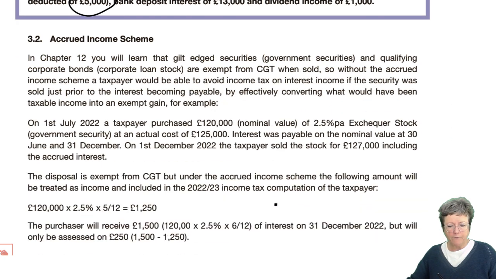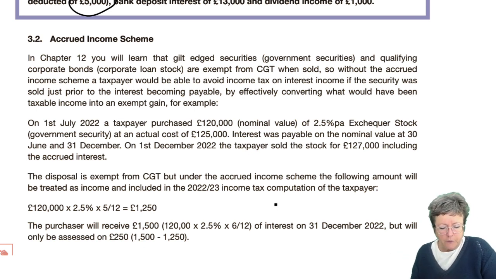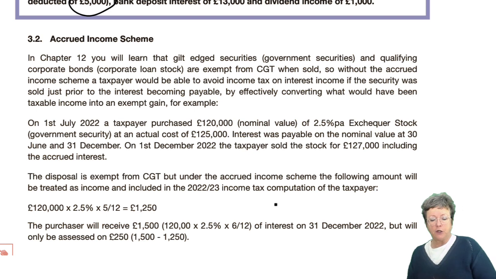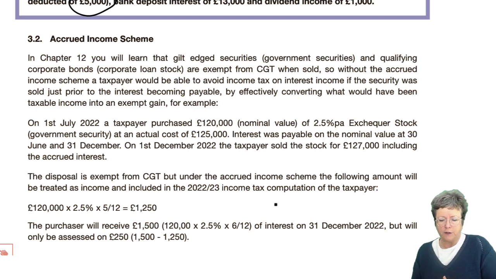Okay, one final thing in this little bit of a section is the accrued income scheme. Okay, it doesn't come up very often. Very rare in an exam, but you need to be aware of it. So in chapter 12, you will learn that gilt-edged securities, such as government securities, and qualifying corporate bonds are exempt from capital gains tax when they are sold.